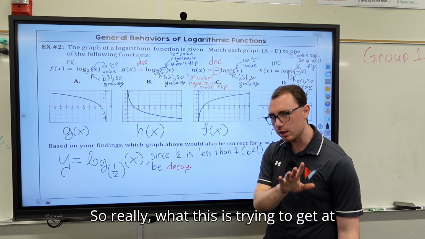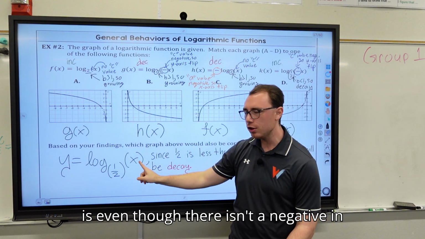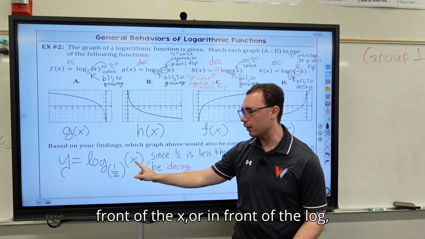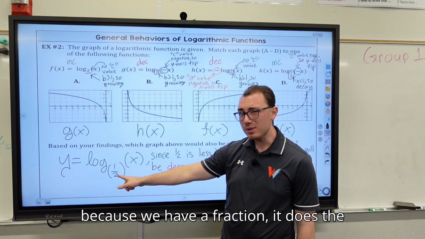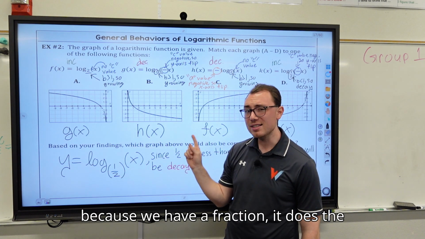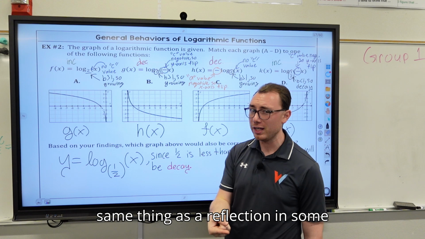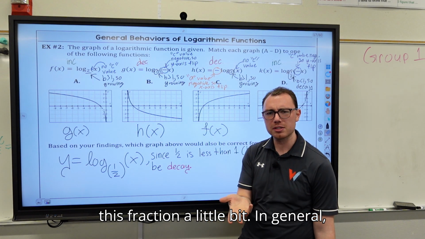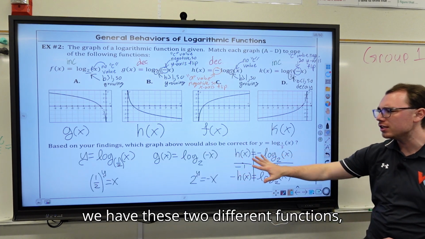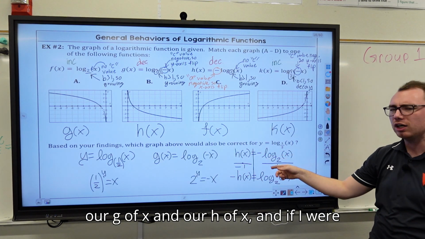So really, what this is trying to get at is even though there isn't a negative in front of the x or in front of the log, because we have a fraction, it does the same thing as a reflection in some aspect. Well, let's try to manipulate this fraction a little bit. In general, we have these two different functions, our g of x and our h of x.